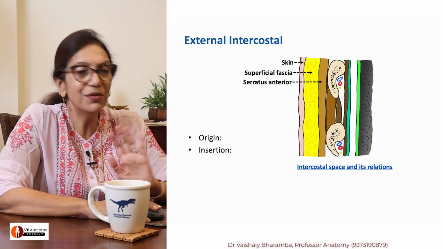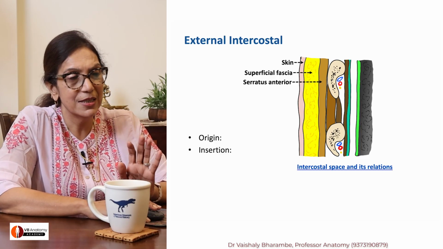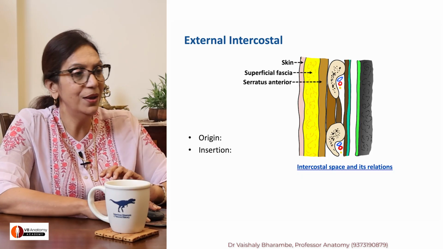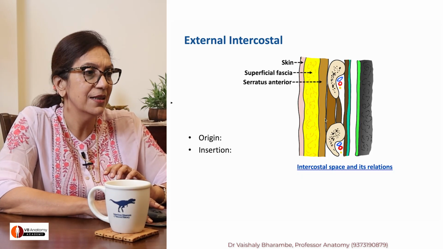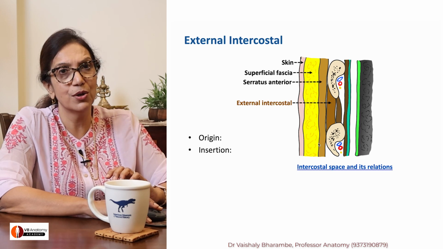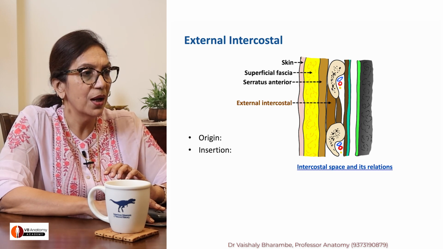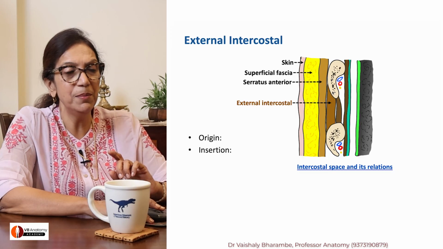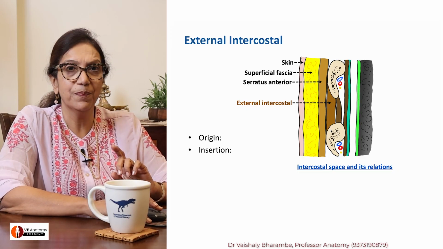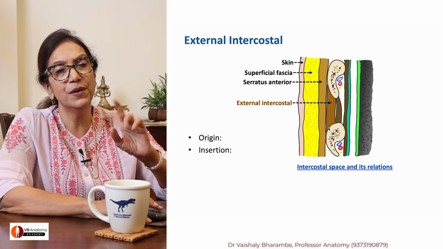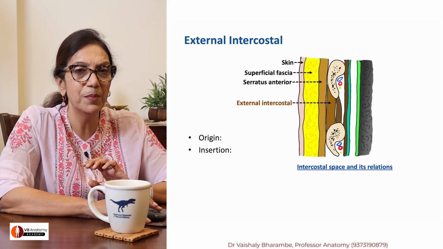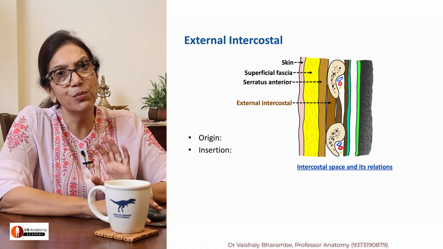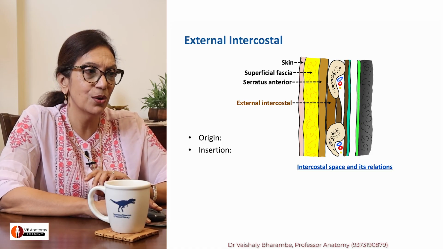This is a beautiful image of intercostal space and whole thoracic wall made up of skin, superficial fascia, serratus anterior, and finally external intercostal, attaching to the lower border of the upper rib and outer border of upper surface of the lower rib. Okay, extending from the upper rib to the lower rib, outer border of both. That's the external intercostal.